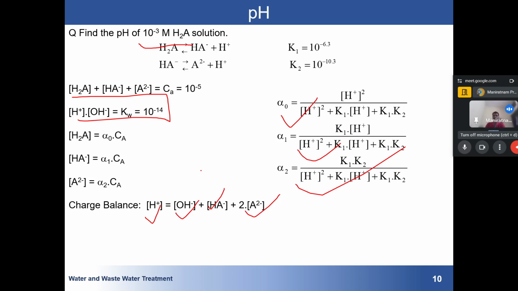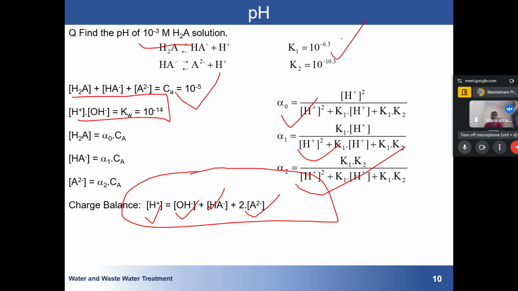So now your aim is to convert this overall equation into the form of H plus only. You have three relations: the first relation is this, the second is this, the third is this. So you can substitute all these HA minus and A2 minus in terms of Ca and H plus with the help of all these three equations.